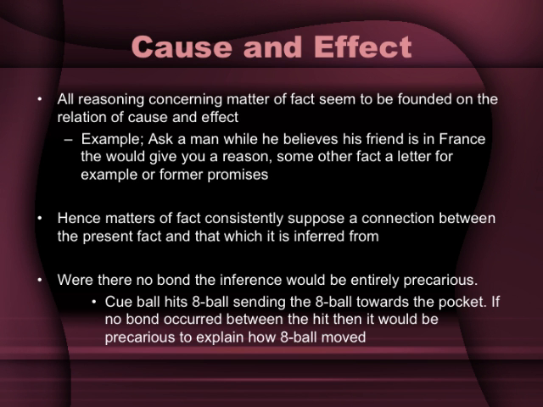Well, they can't do that without an idea of cause and effect. And guess what? You cannot use cause and effect a priori, because there is nothing inherently defined in the white ball moving that suggests the black ball will move.